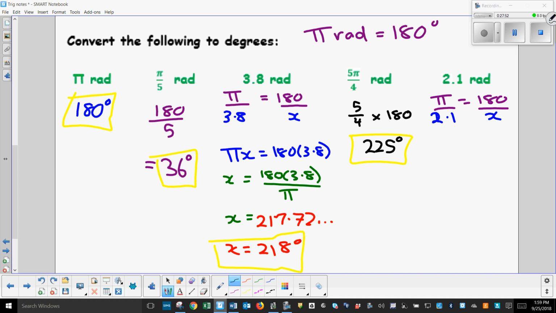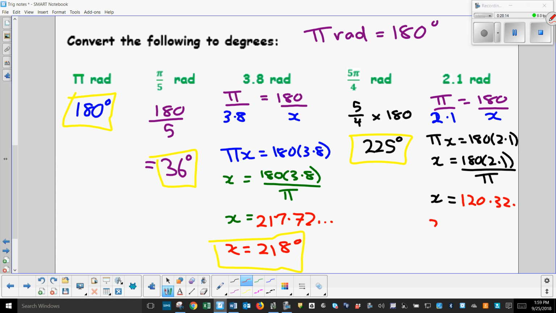So x is 180 times 2.1. Is that one correct this time? What is that? 120.321. It's hard to do exactly 3 sig figs. 120. Okay, so that's the best we can do.